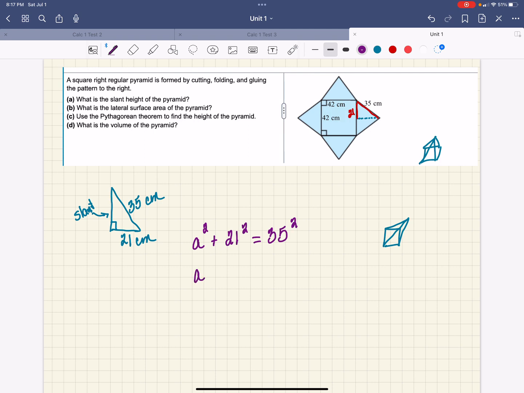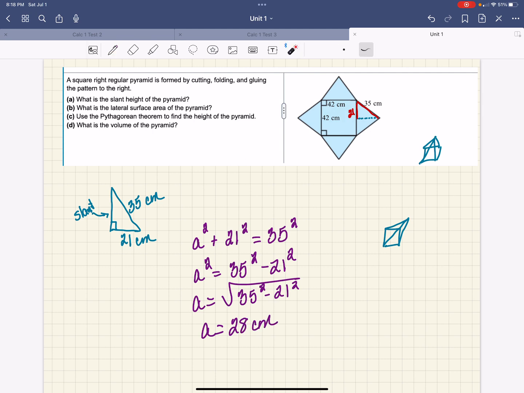So my A squared is going to be 35 squared minus 21 squared, and then A is going to be the square root of that. I tend to put those in my calculator separately, so be careful with that. You definitely want to practice putting that in your calculator, but when you compute it, you end up with 28 centimeters.